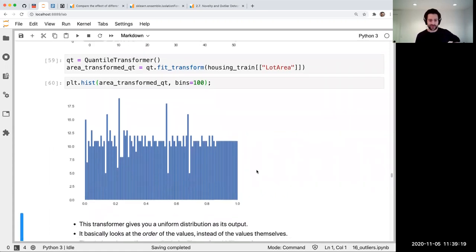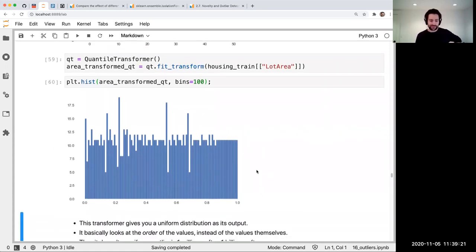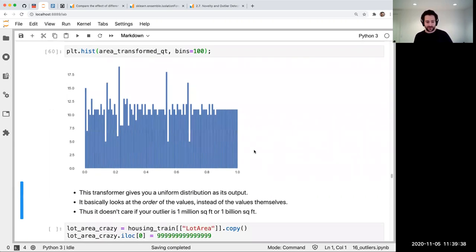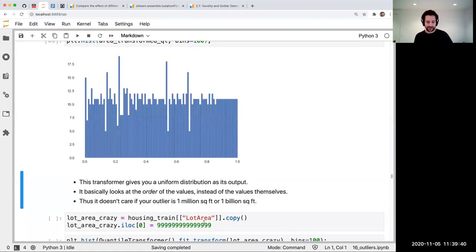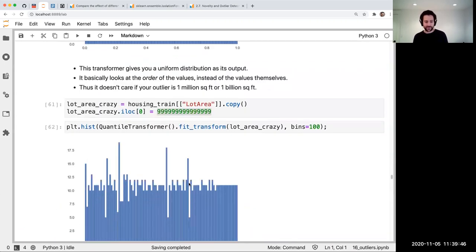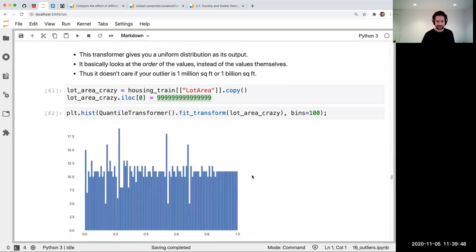The question is, why would you ever do that? I mean, it is in a sense like the most robust thing ever, because if you have a trillion square feet or whatever, it's not going to care. It's just going to keep everything like this. Oh, I have that right here. So I make one of the lot areas some absurd value, and then you see that the quantile transformer doesn't care.